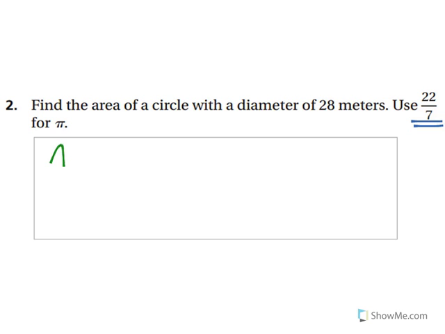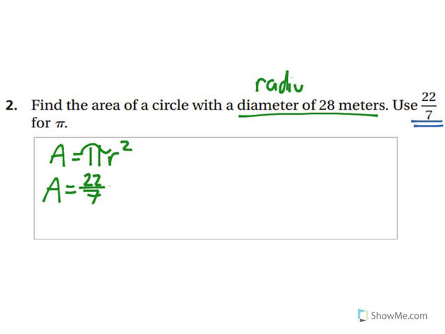Again, we're going to use area equals pi r squared. However, this time we're going to use 22/7. And our area, well, not our area, but our diameter is 28, which means the radius must be 14.